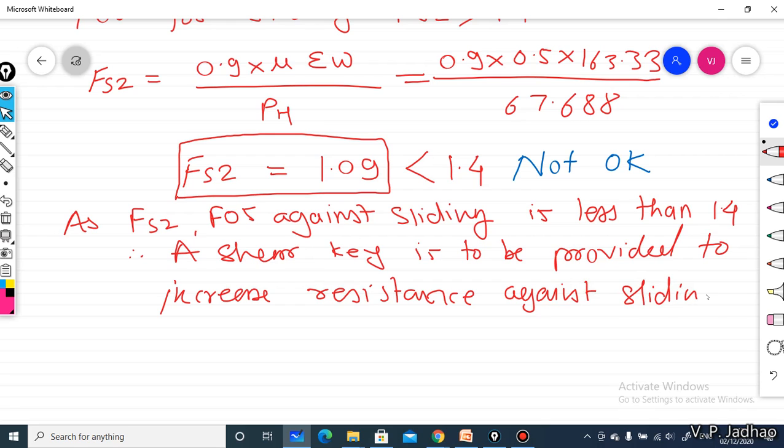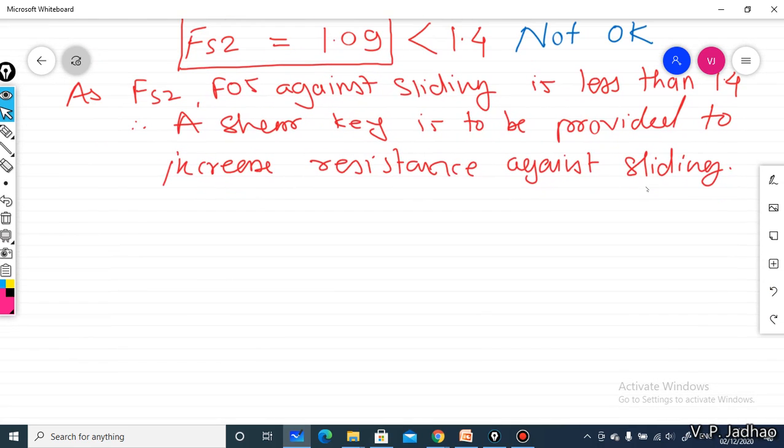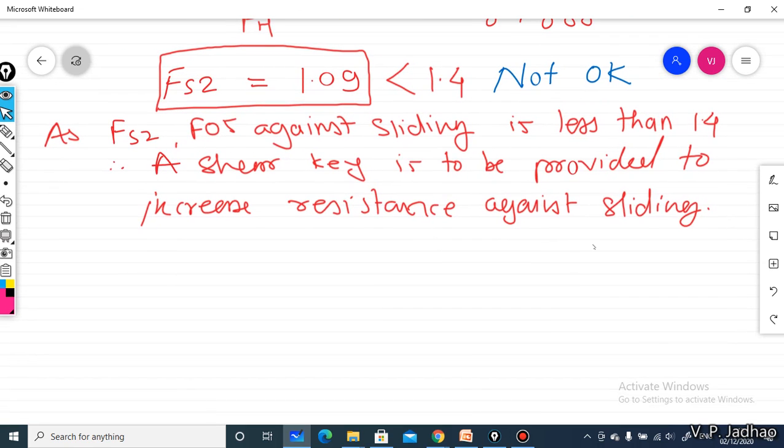Okay, why are we providing this shear key? Because to increase the sliding resistance, as our factor of safety comes out to be less than 1.4.